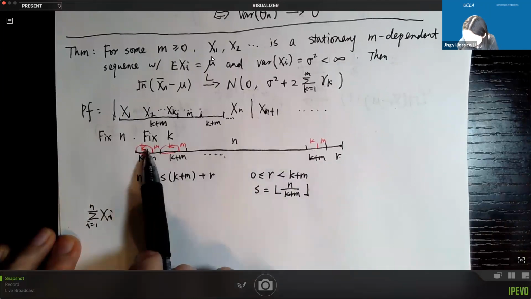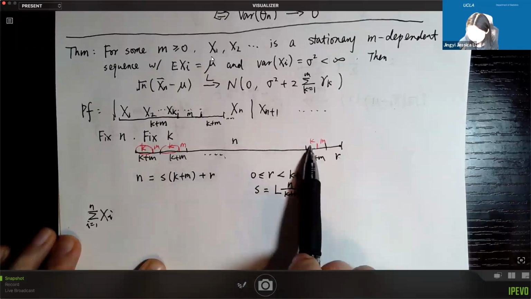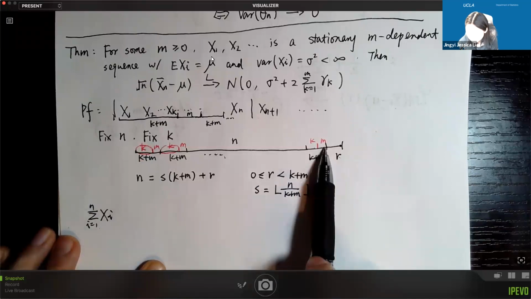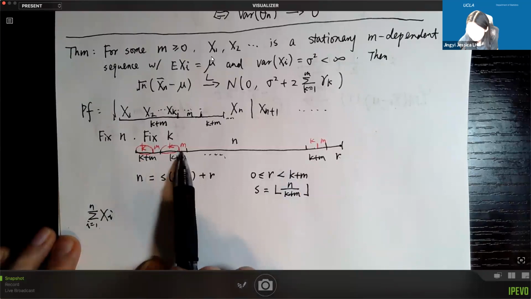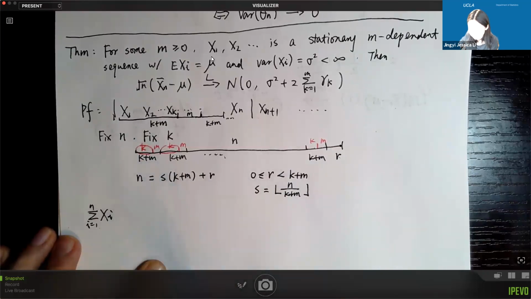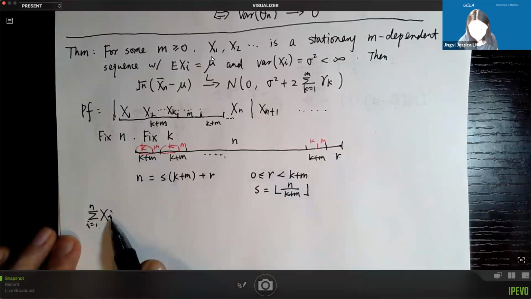I have s of them, right? I have s segments. That partial sum will be the first part of my summation. I will also have s partial sums from those m segments. I will have a partial sum here, here, and here, s of them. That's the second part. And the third part is the remainder. Adding them up, I get my summation.